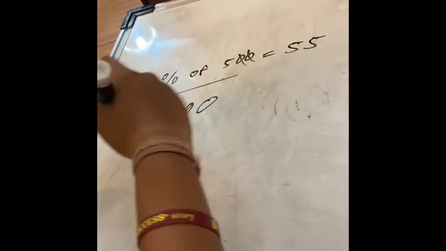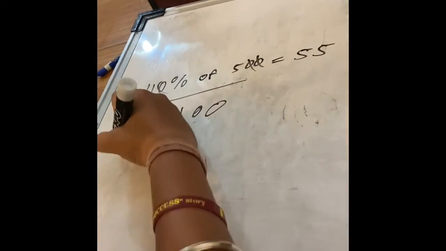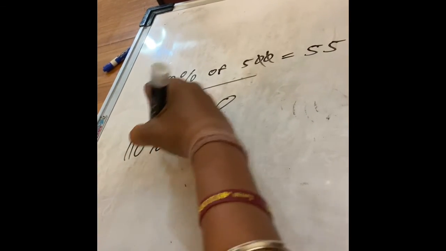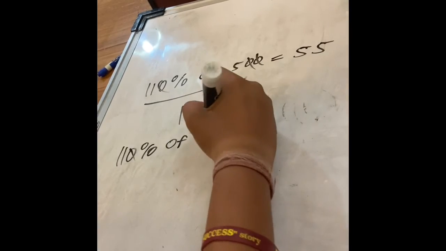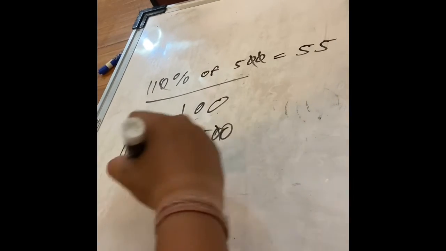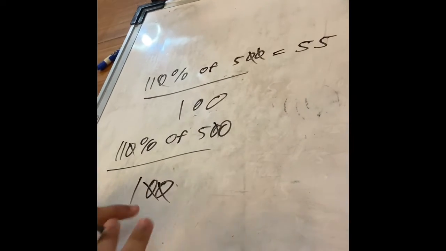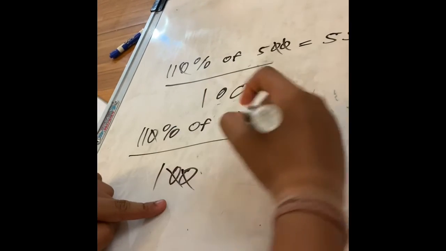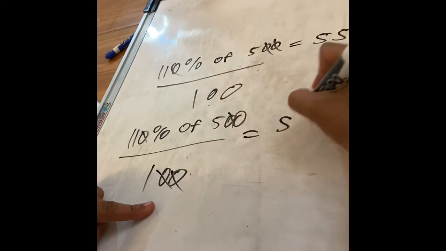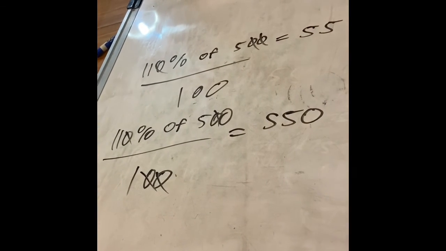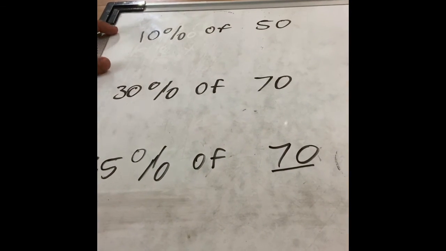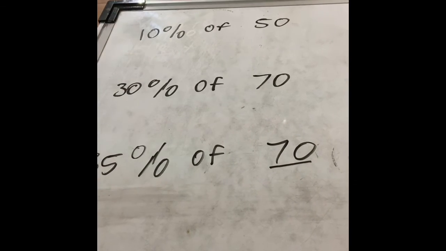The correct answer and the correct way to solve it is 110, cancel out only 2 zeros, because then on the larger scale the 2 zeros of the 100 would cancel out and the actual answer would be 550. Now let's do some final practice problems using the simplification method.